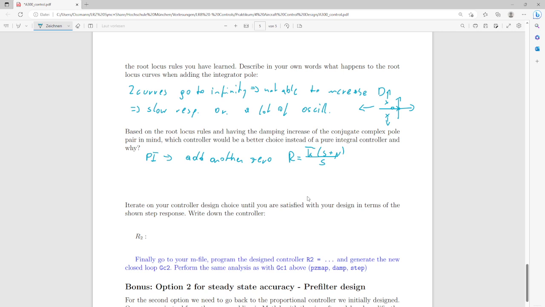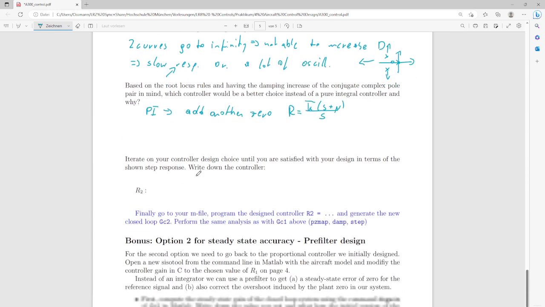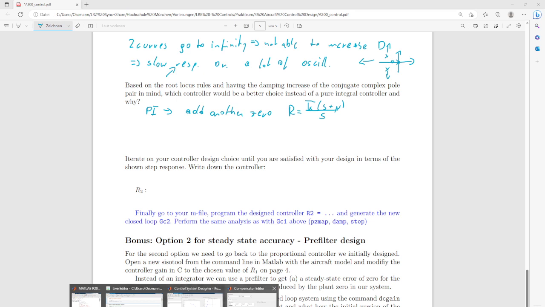Or you could say, well, I'm slow and I'm oscillating, so a zero will speed up my system and it will damp the system, right? So this would be a different argument of adding a zero in your controller, but with the same result, so to say.